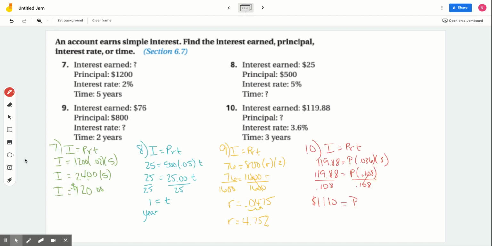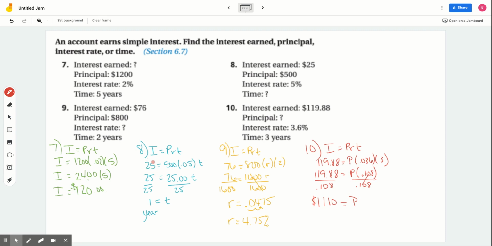As you can see, I've now completed 7 through 10 here for you. Now, again, please try working them out before just copying the answers down. So interest equals principal times rate times time. 1200 times 0.02 times 5 is going to give you an interest of $120. Make sure that you're labeling your answers.